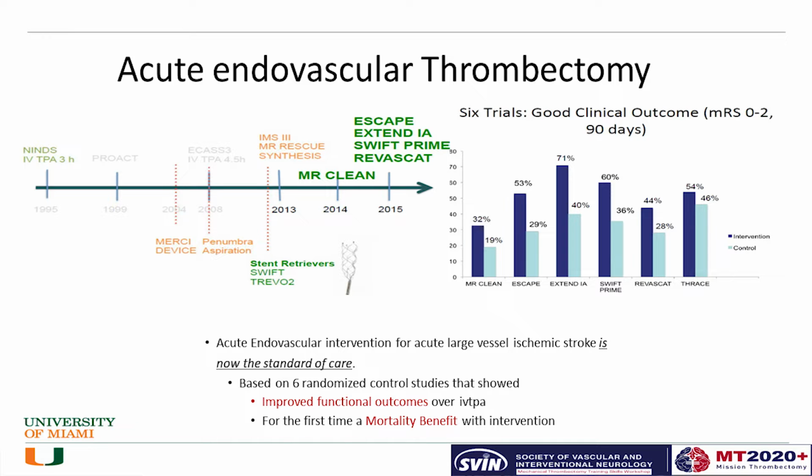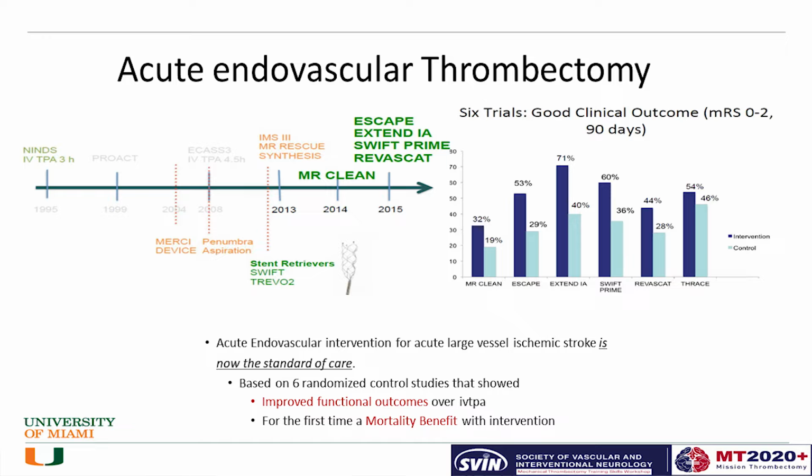And so after 2013, we embarked on a second generation of stents, the so-called stent retrievers, and picking the right patient. So the next set of 6 trials, the MR CLEAN, ESCAPE, EXTEND-IA, SWIFT PRIME, and REVASCAT trials, really looked at picking the right patients.